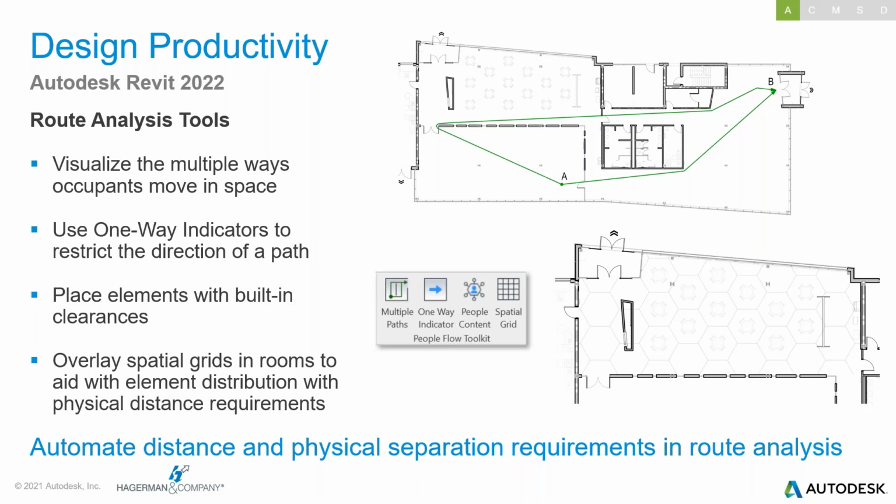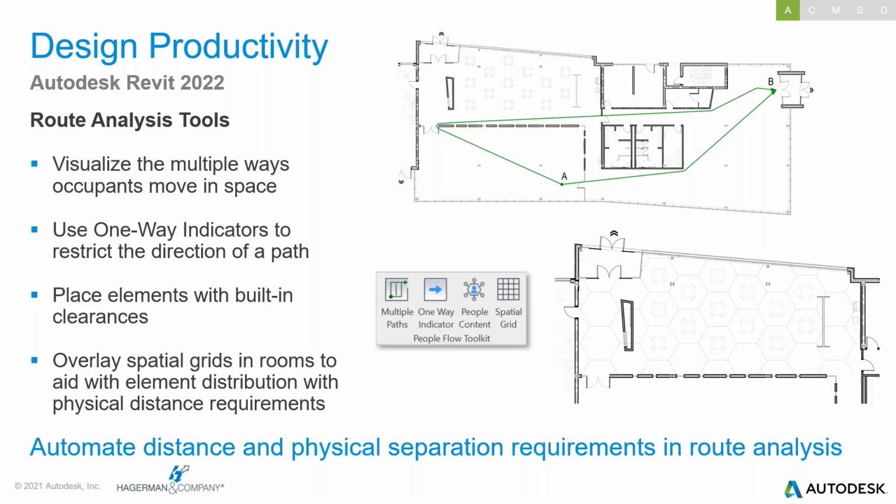This will allow you to generate multiple paths of travel options between a point with the ability to summarize them in a schedule. You can indicate the direction of travel with one-way indicator family. This indicator of the annotation category can be nested within door families if needed.